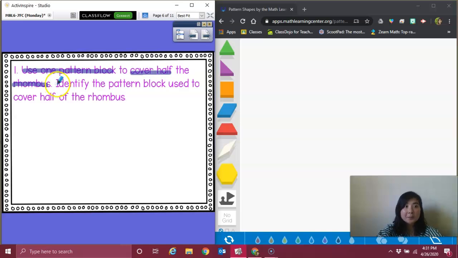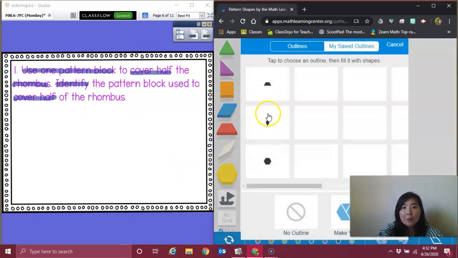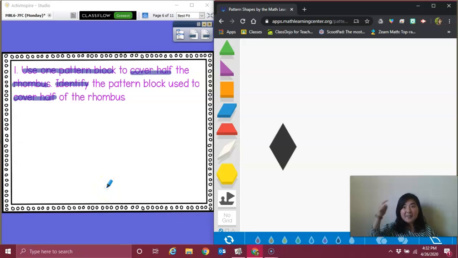It also tells me to identify or figure out which pattern block covers half. So I'm going to pull out a rhombus, and I'm going to think to myself, which of these shapes would cover half of this rhombus?